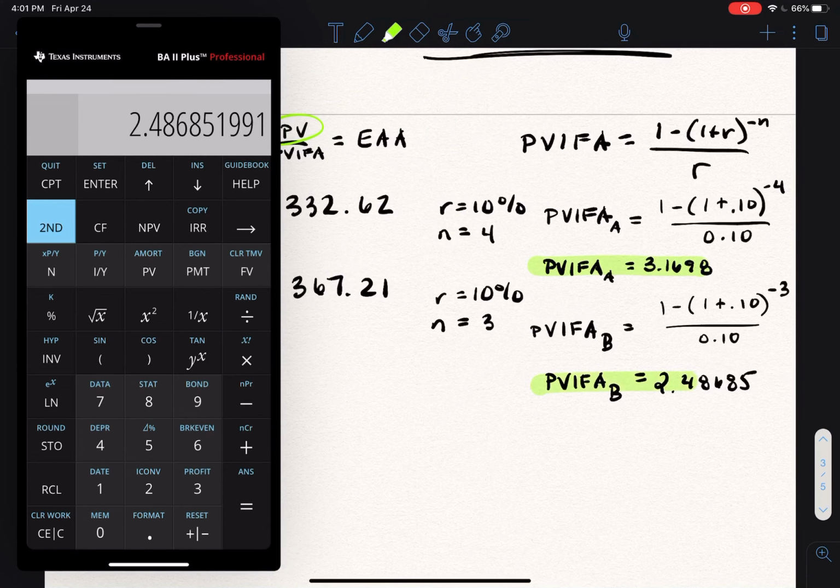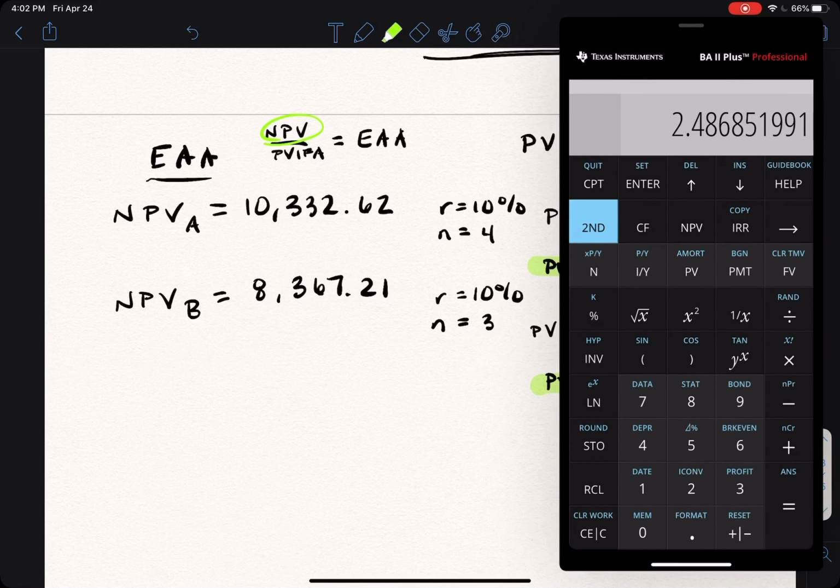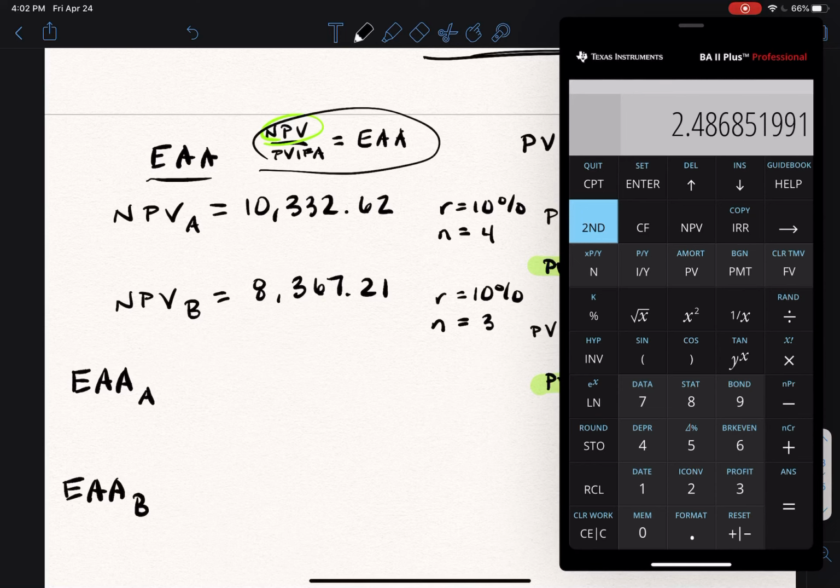So this one and this one, because now I can come back over here and I can solve this equation here for both projects A and B. So I'm going to say the EAA for project A and then the EAA for project B. And I'm going to say that's equal to the net present value of A divided by the present value of an annuity factor of A, right?